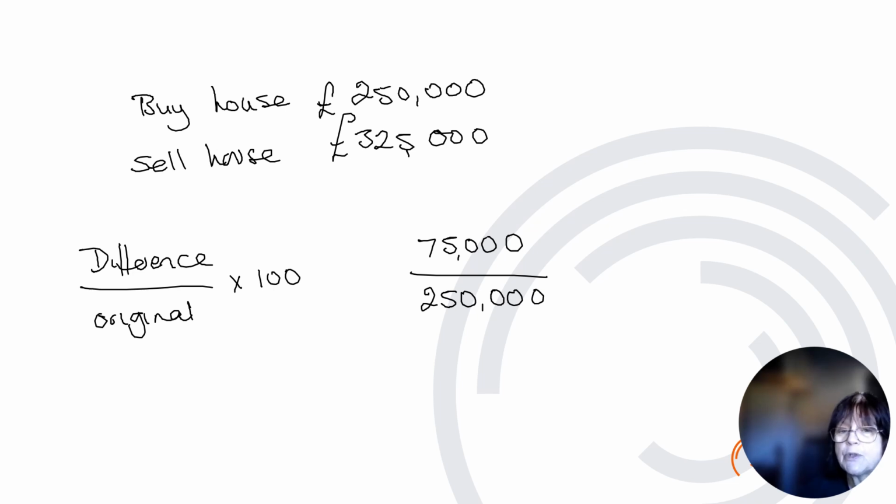So I've made 75,000 out of my original purchase of 250,000. So I do top number divided by bottom number times by 100 will give me 30. So I have made 30% profit on my original investment, if you like.